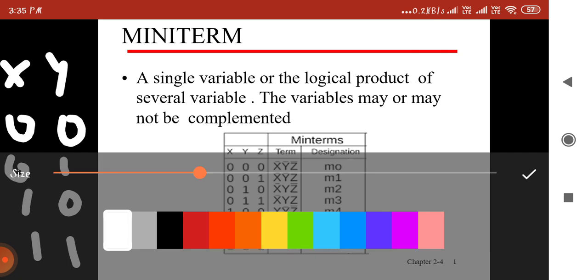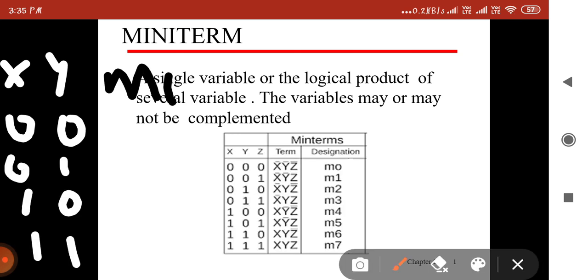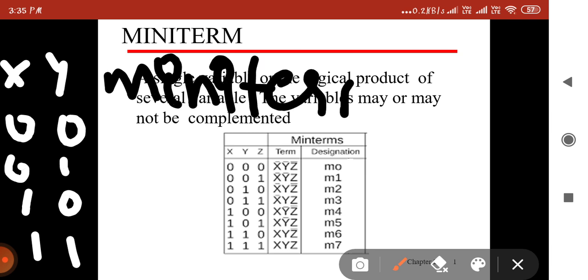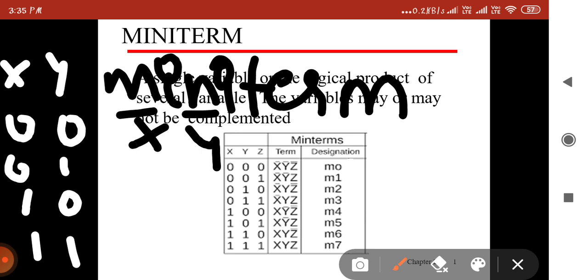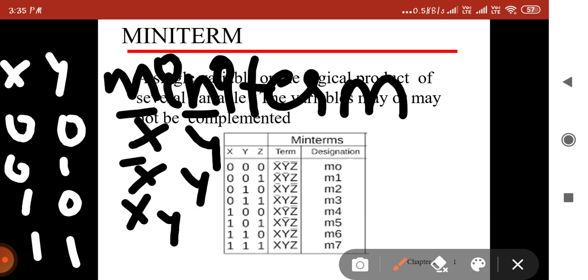Can we write them as min terms? For 00 we can take the complements: x bar y bar, x bar y, x y bar, x y. These are called min terms.